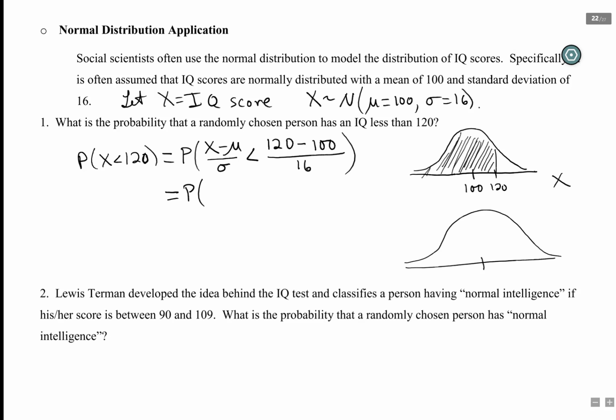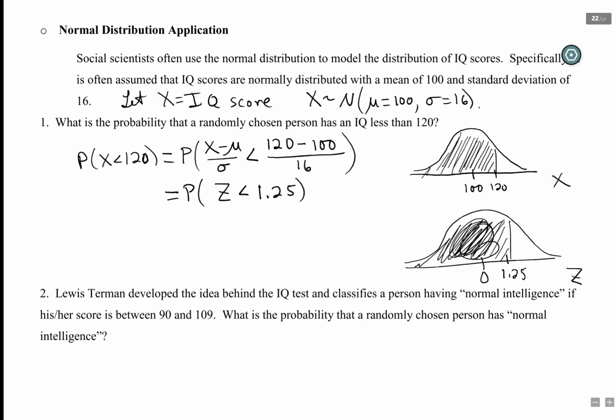So that equals the probability that Z is less than 20 over 16, which is 1.25. And so this problem boils down to finding the area under the curve to the left of 1.25 for the standard normal.